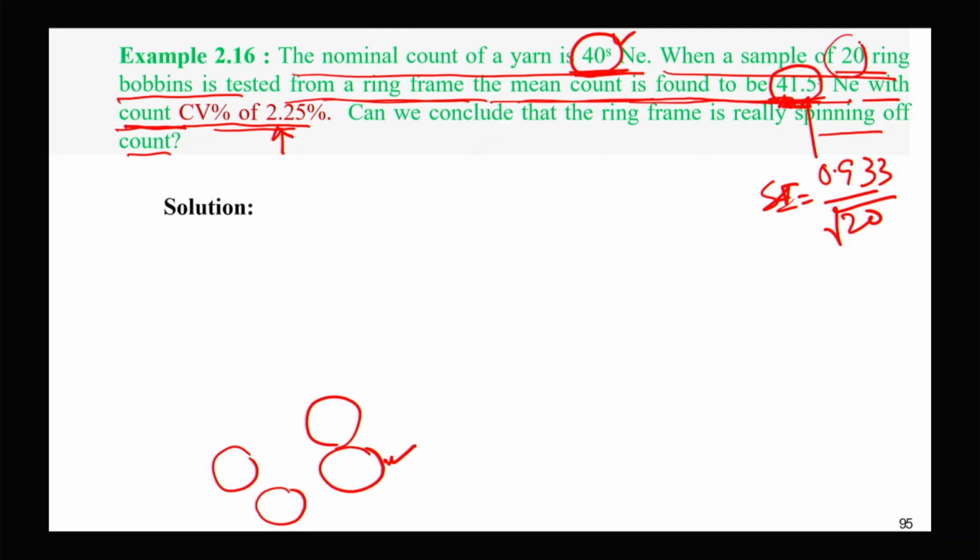We have the mean value, but instead of 2.25, the CV% is, say, 7.5%.